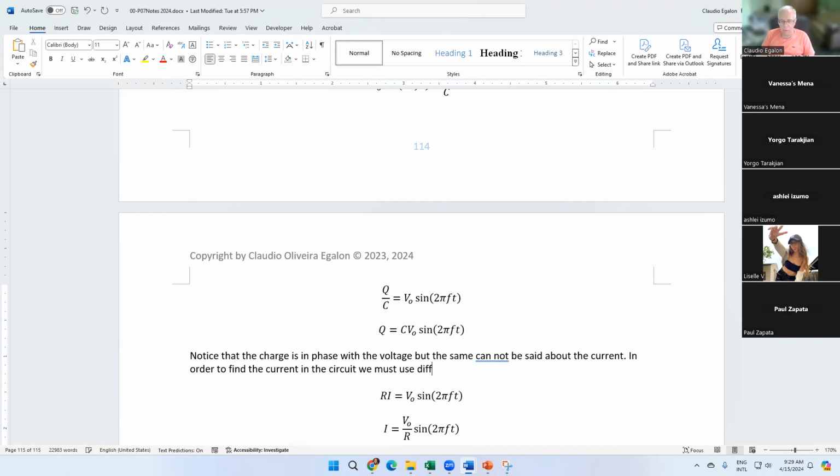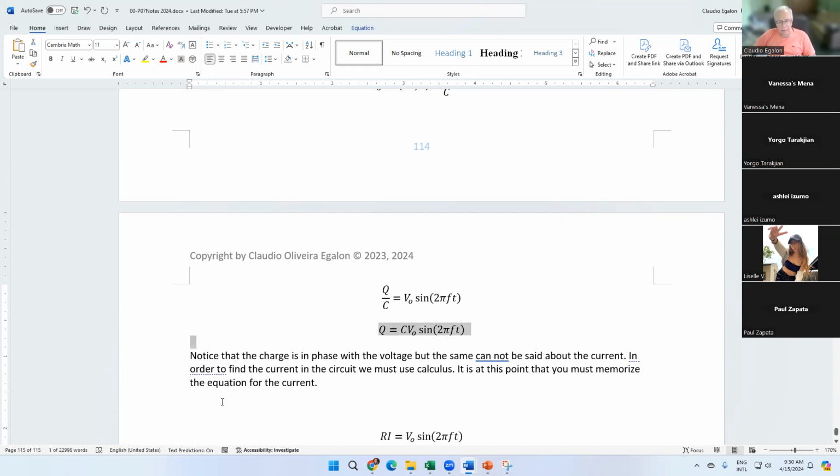We must use calculus. So it is at this point that you must memorize the equation for the current.